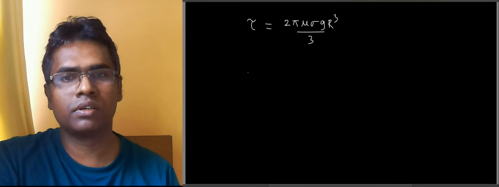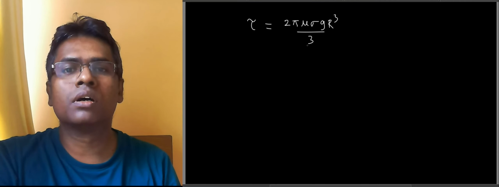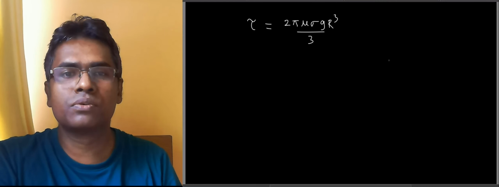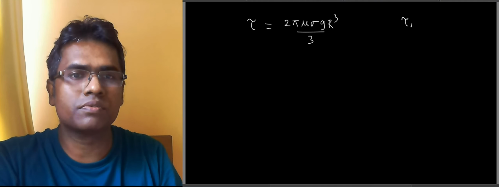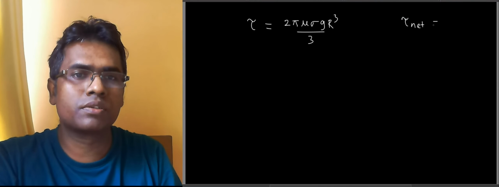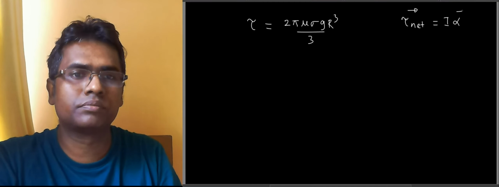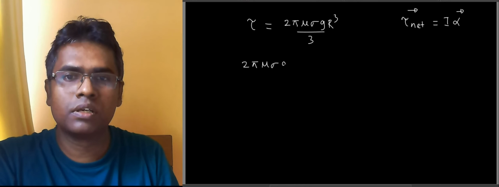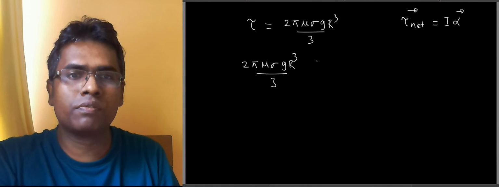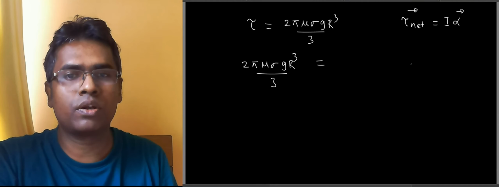Now that we have the torque that is getting applied on the disk, let us use this and Newton's second law for rotations, which is net torque is equal to I alpha, and then get the angular acceleration. So the torque is 2 pi mu sigma g R cube by 3. Now for the disk, the moment of inertia is M R square by 2.